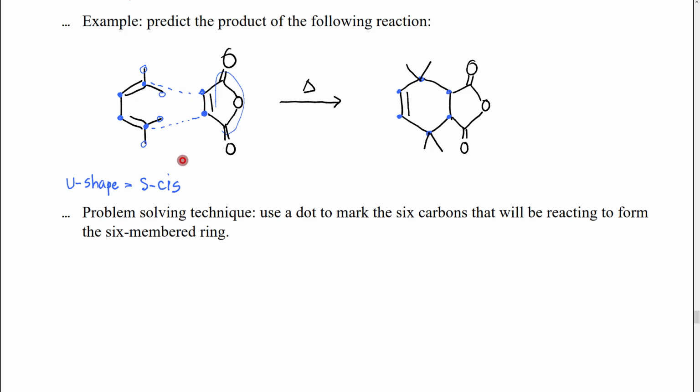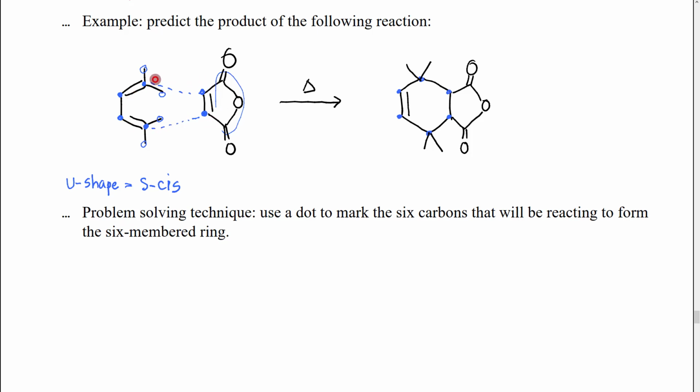So the challenge here is to not take our eye off the ball, to not get confused by these other circled carbon atoms, by this other circled carbon junk here that's attached to the pi carbons, but is not going to be part of the reaction. So in order to do this, what I use is a problem-solving technique where I mark all of the pi carbons of the pseudobenzene with a little dot, in this case this blue dot.